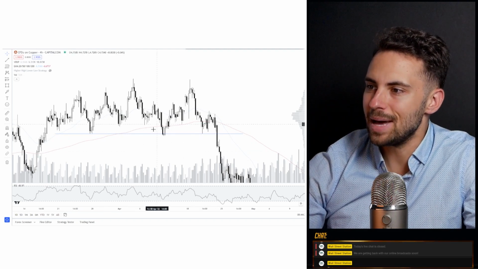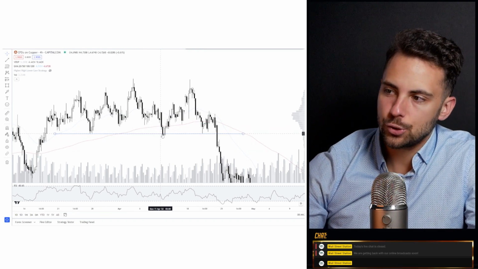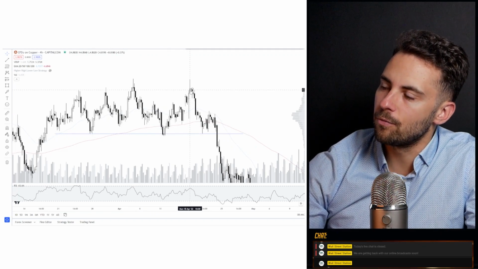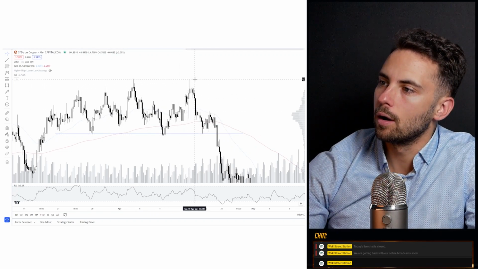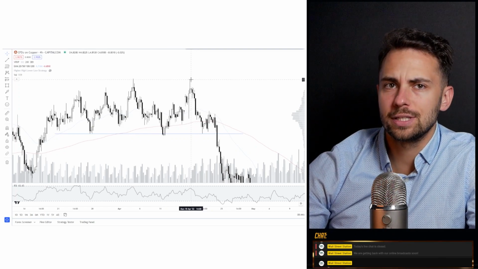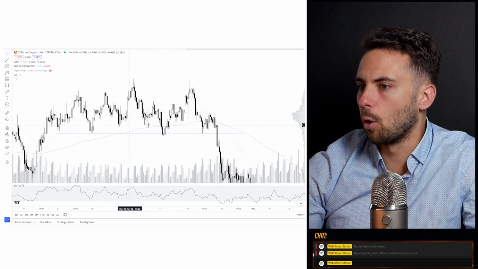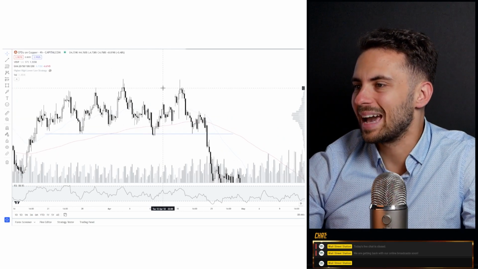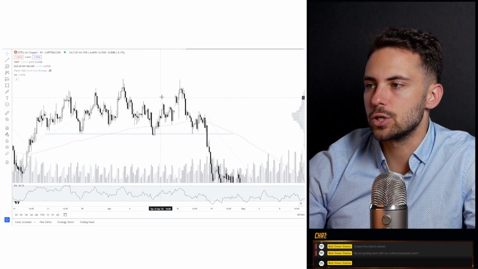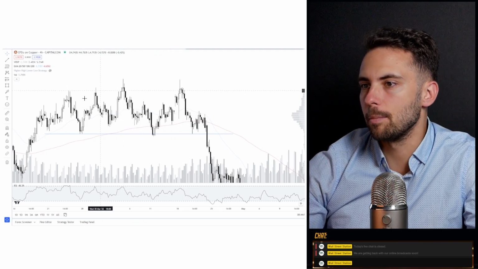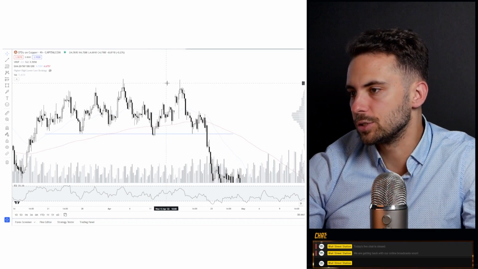However, we managed to backtrack, but that time we formed an even lower high than the previous one. It was slightly lower, but with this lower high we had huge problems achieving a new higher structure.